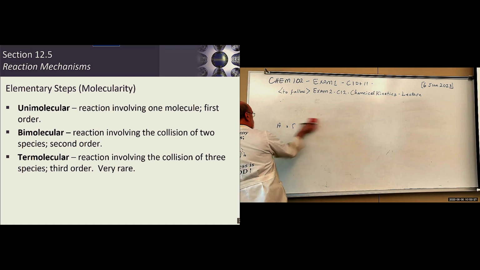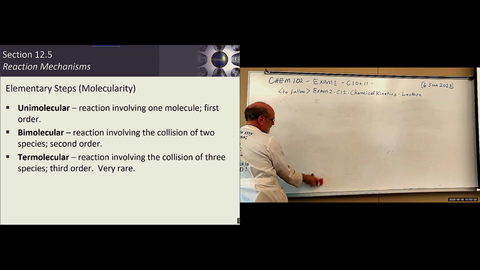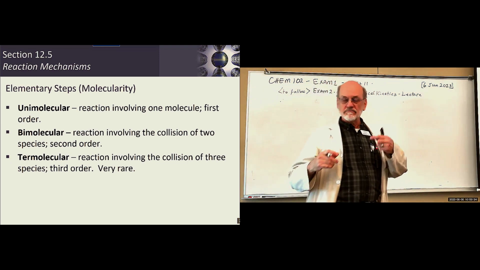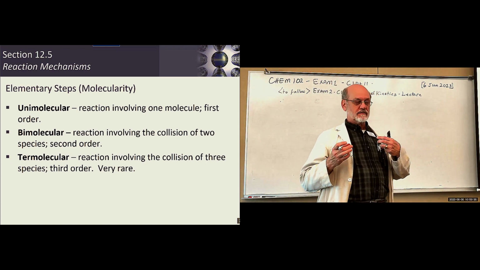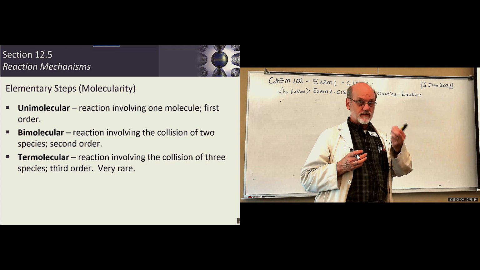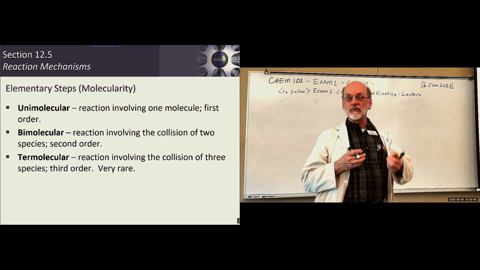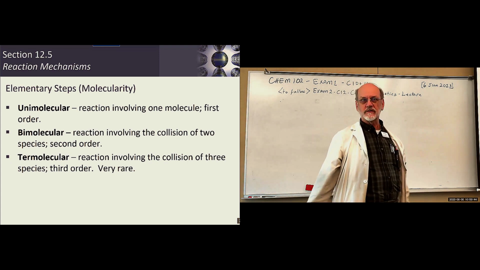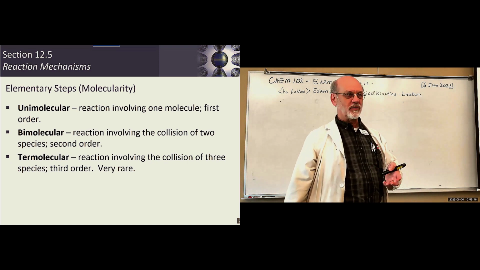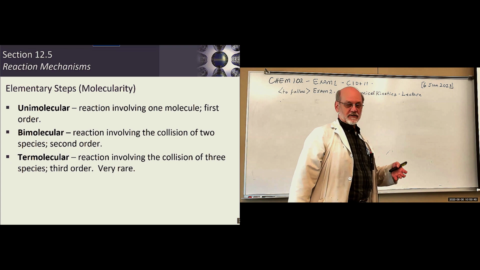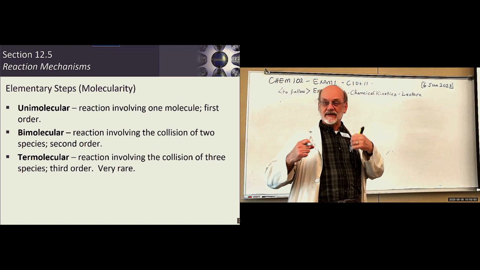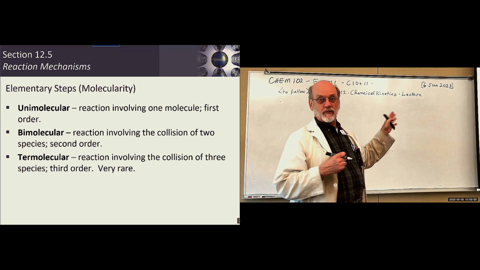Now, these individual steps can be classified depending upon how many reactants must come together to create one of those elementary steps. If it's unimolecular, then it's like that NO2. It just decomposes. It doesn't need any help. If you have two that have to come together, then it's bimolecular, which is the example we just showed you.